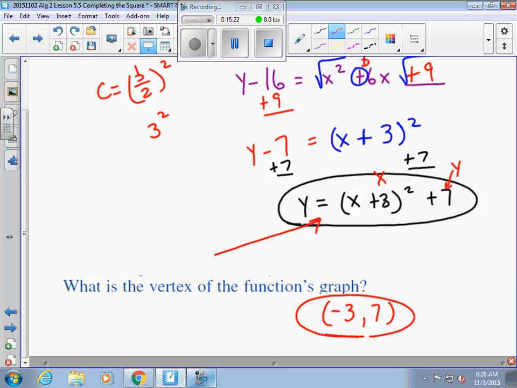What is the A value here? I know it's been a couple of weeks, but it hasn't been that long. What's the A value? What's multiplying by the parentheses? 1, is that positive or negative? Which way is it opening? So is this the bottom or the top? It's opening up. The vertex is here. Bottom. That is the minimum amount, -3, 7.